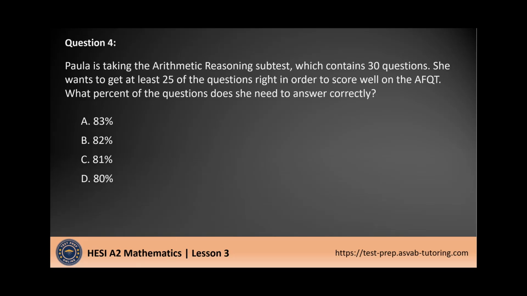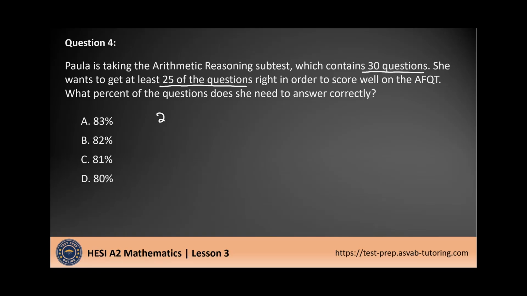Question 4. Paula is taking the arithmetic reasoning subtest, which contains 30 questions. She wants to get at least 25 of the questions right in order to score well on the test. What percent of the questions does she need to answer correctly? Okay, so this question is asking us, what is 25 out of 30 as a percent?